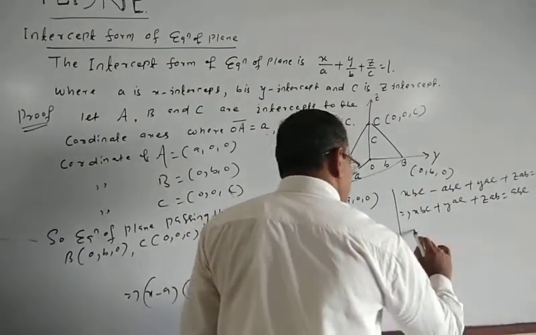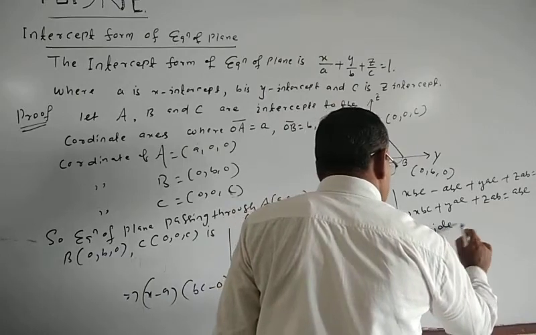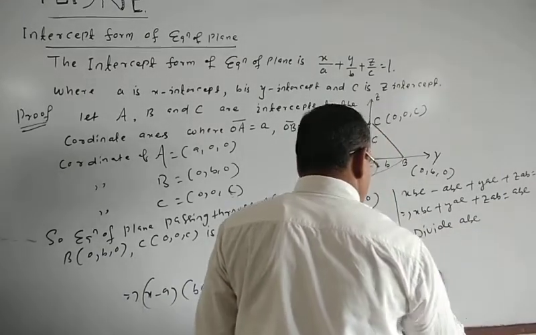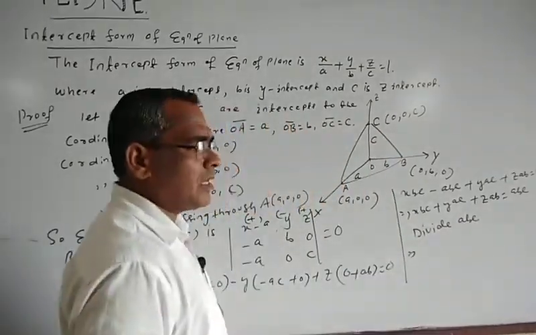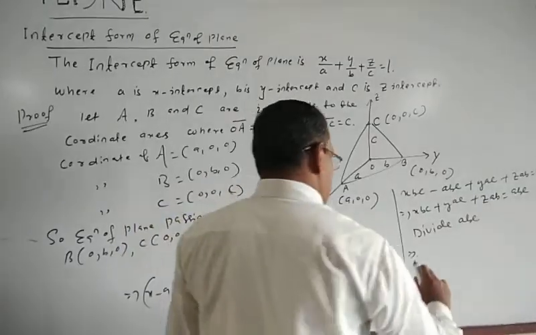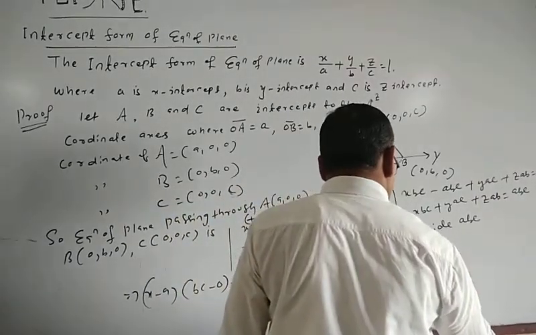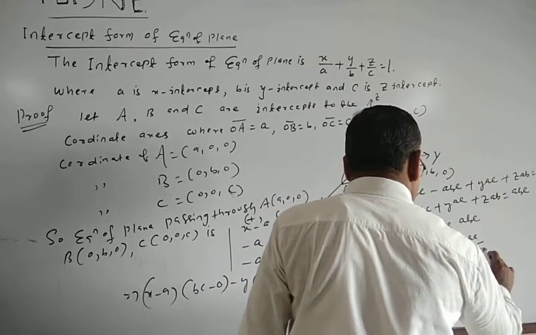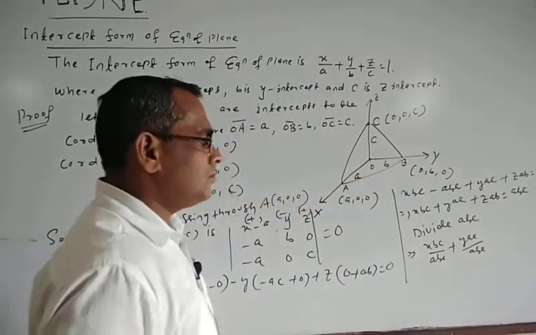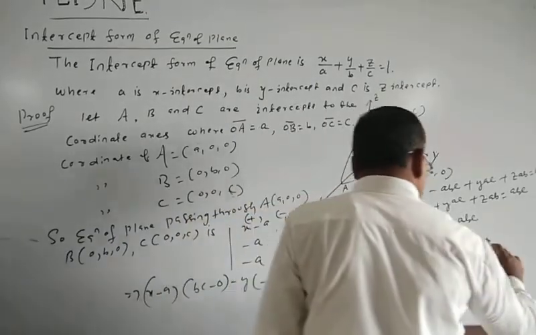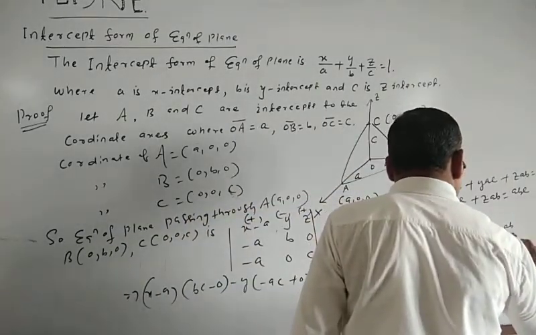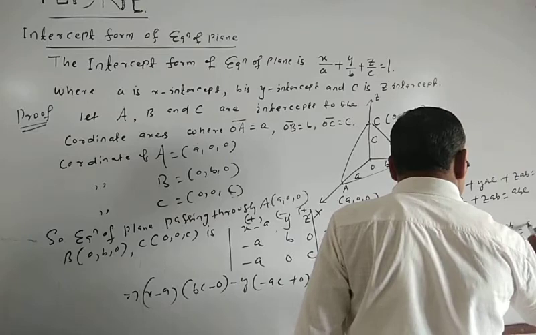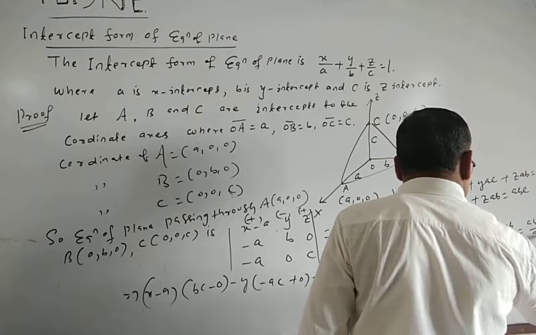Now divide by abc. So xbc by abc is x by a, plus yac by abc, plus zab by abc, is equal to abc by abc.